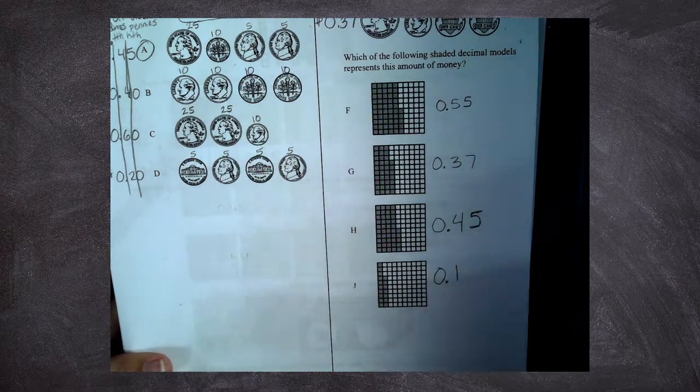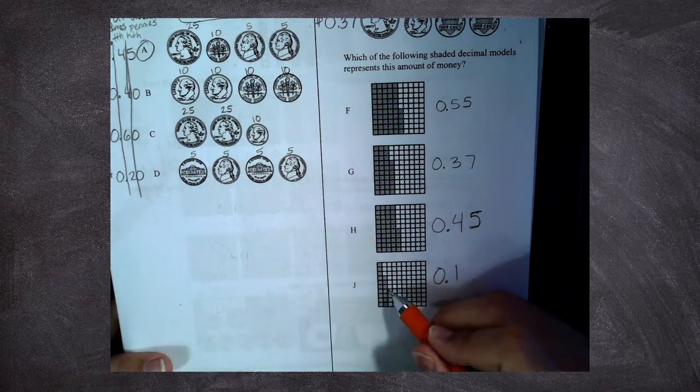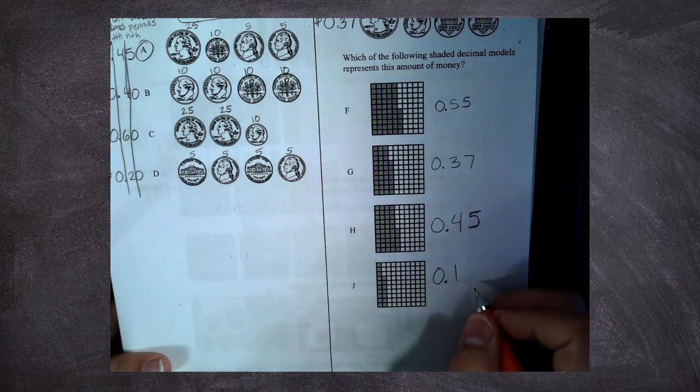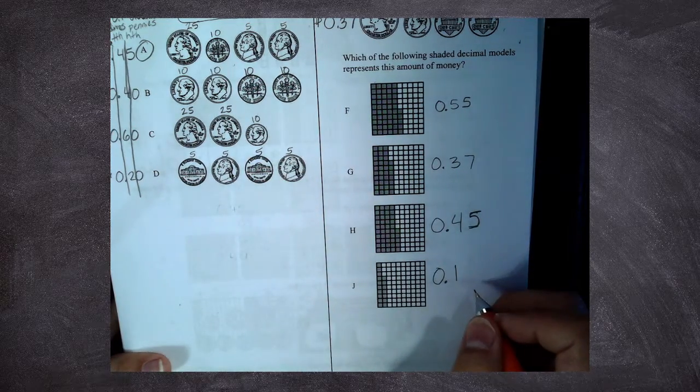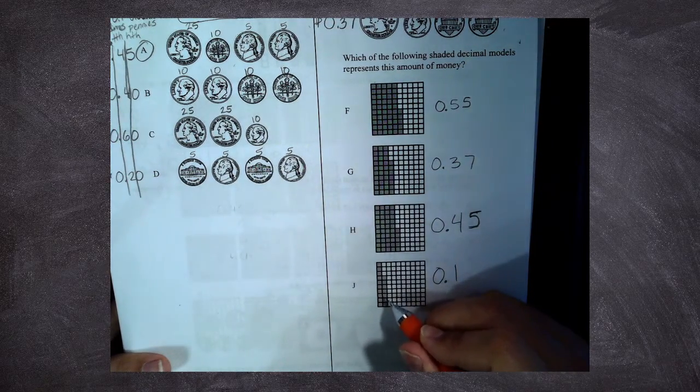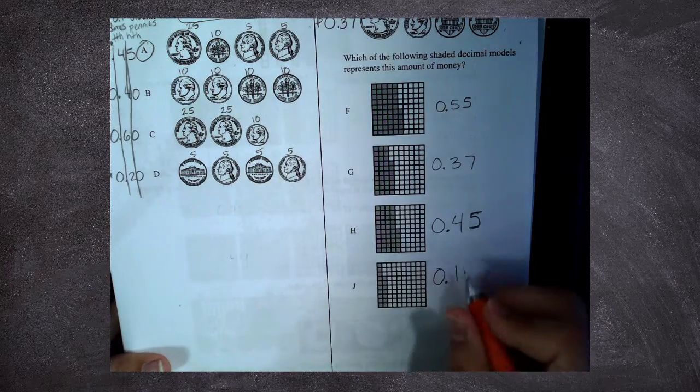And then what about the little hundredths? How many little hundredths are shaded? Wait, that's 1, 3, 4, 5, 6, 7. 8. Close. 1, 2, 3, 4, 5, 6, 7.